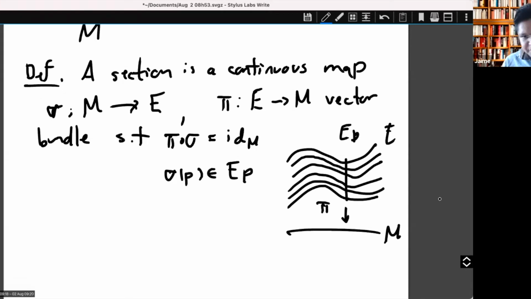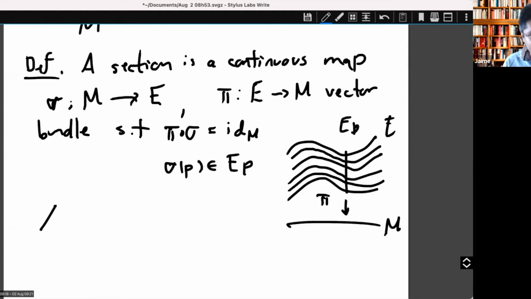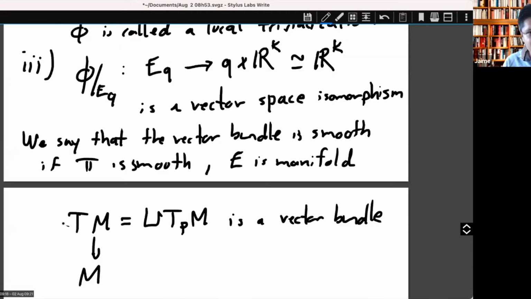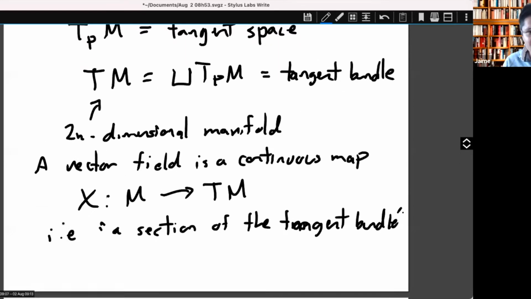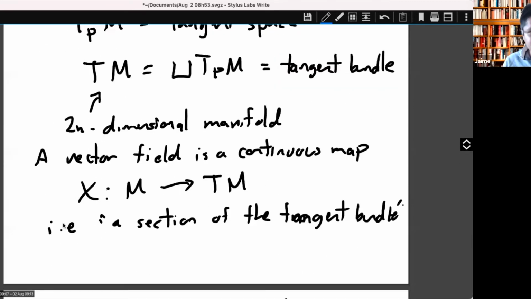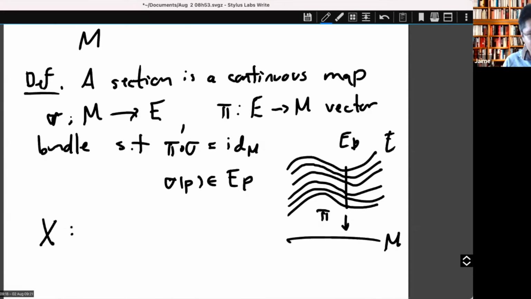Okay. So whenever you have a vector bundle, in this sense, I say that here above, sorry for moving the screen so fast, but there's no other way when you have an online class. But anyway, I define a vector field as a section.